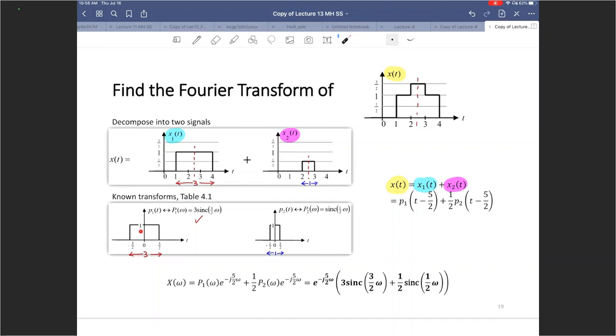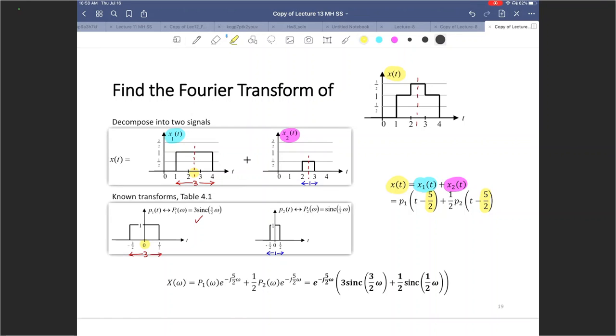Well, if I want to go from here to here, I need to delay this signal by 2.5, because this one is right now centered at 0. It needs to be centered at 2.5. So I need to shift this right, which means delay the signal. Delaying the signal by 2.5 time units is what is described here. Similarly, I also need to delay p2(t) by 2.5 time units to get x2, which is indicated here.